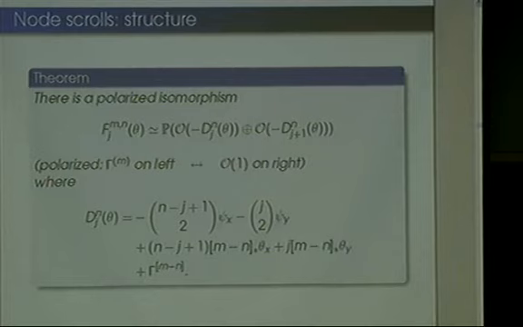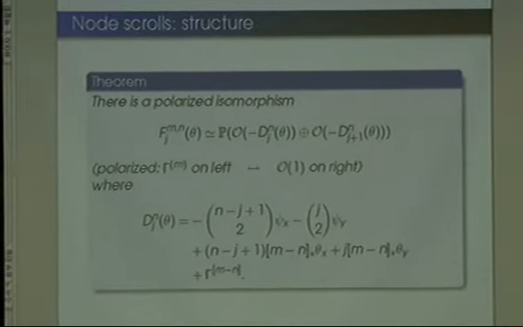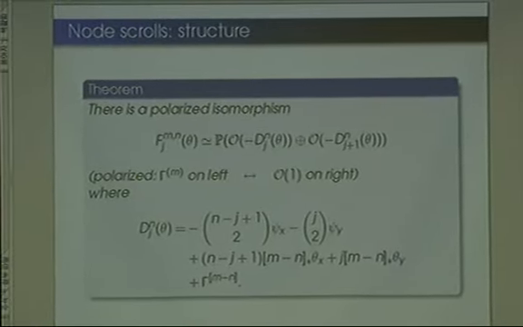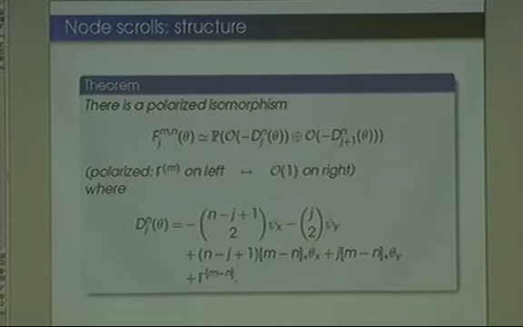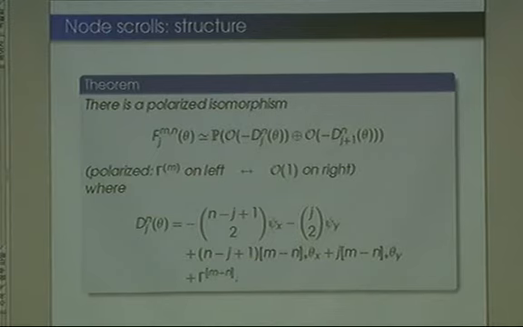It tells you exactly what this node scroll is. It is the projectivization of this very simple rank 2 vector bundle, a direct sum of two explicit line bundles, which you see are linear combinations of these standard classes, the cotangent classes. On the second line there, in the description of D, there's this theta x, which itself is a line bundle, and it induces a line bundle already on the symmetric product, and therefore certainly on the Hilbert scheme.